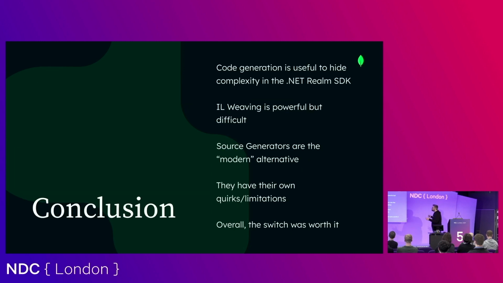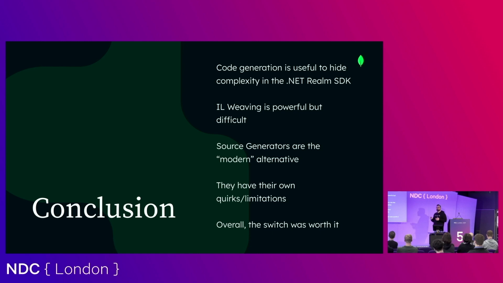So to wrap up, code generation has been an extremely useful technique for us because it allowed us to hide the complexity of the Realm SDK behind the model definition. Developers can use Realm objects as they would use C# objects without needing to worry about set value, get value, type of the property, and any other things.